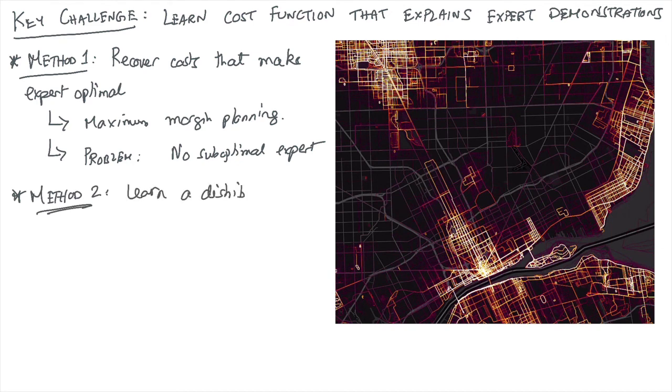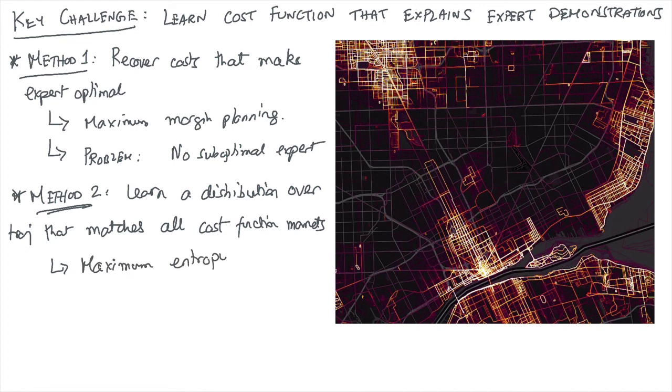So that led to method two, where we instead learned a distribution over trajectories that matches all cost function moments, using the principle of maximum entropy. We saw that this could actually deal with any expert distribution.